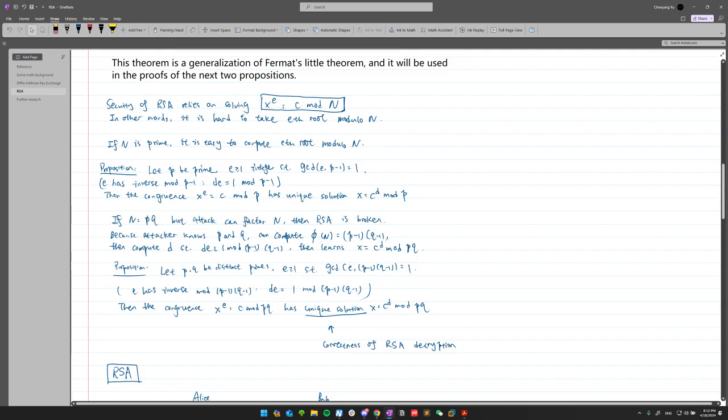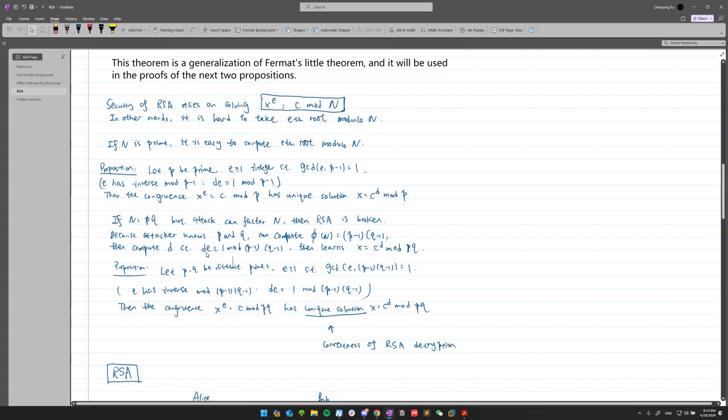I'm saying here that if the attacker can factor the modulus, then it's super trivial to break RSA, because once I know p and q, I can compute the phi function, phi n equals p minus 1 times q minus 1, which we just proved, right? So after that, I got the phi information. I can say, oh, this is phi n, so I can just compute the modular inverse.